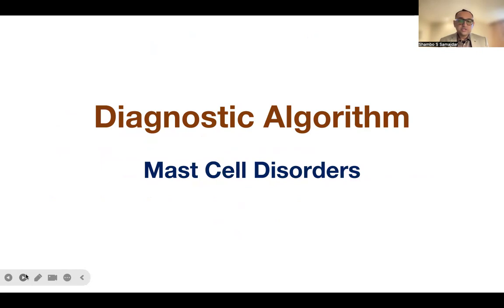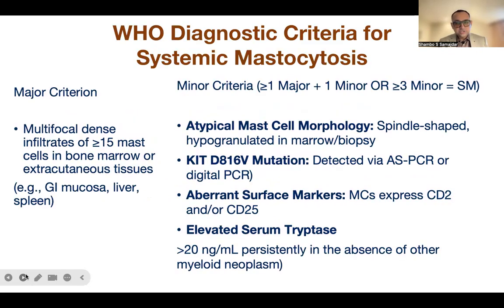So, what is the diagnostic algorithm for mast cell disorders? As we were mentioning about systemic mastocytosis, WHO has laid down this diagnostic criteria. Major criterion, one or more, plus one minor, or if we have three or more minor criteria, then we can call it systemic mastocytosis.